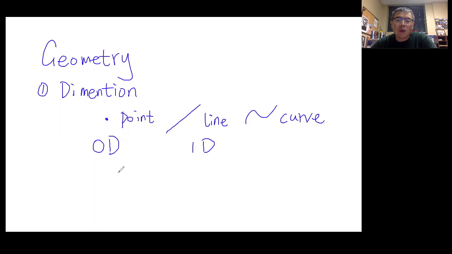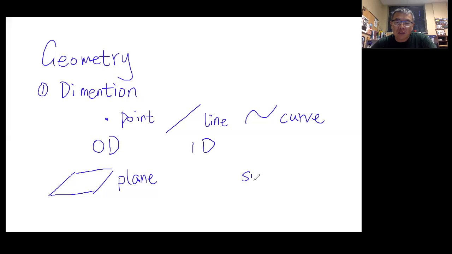Now you can also talk about 2D objects like a plane, or a surface in general. The surface could be curved, right? For example, it could be a spherical surface like what we live on, the Earth.